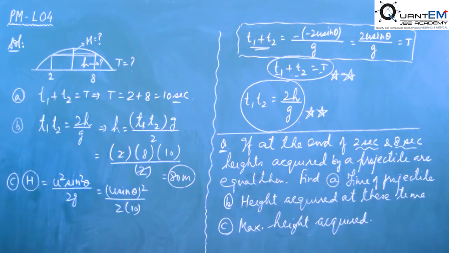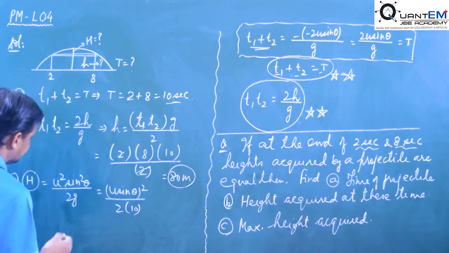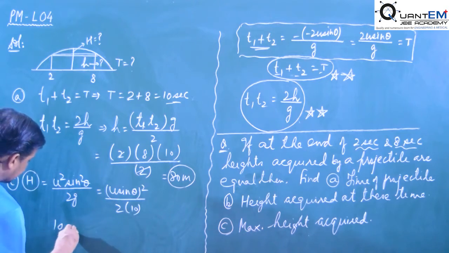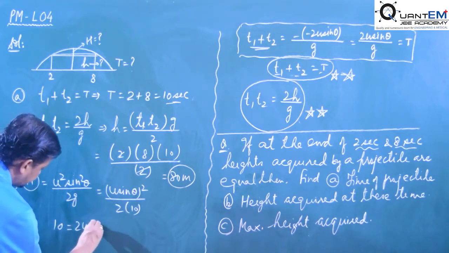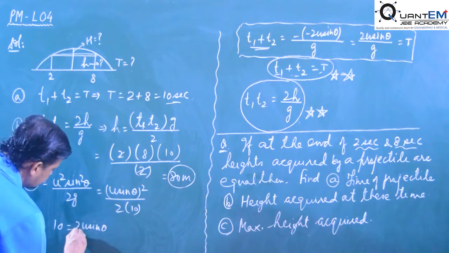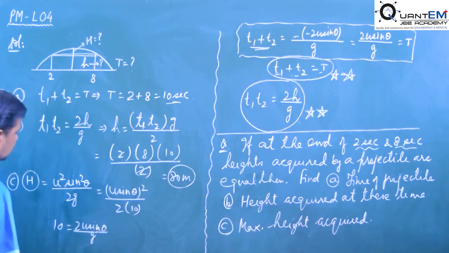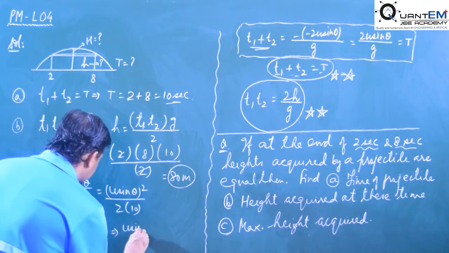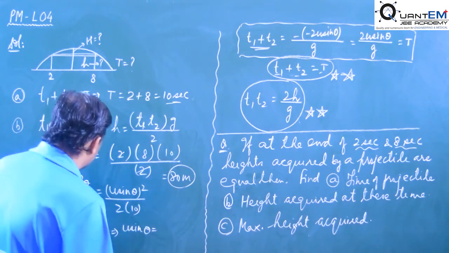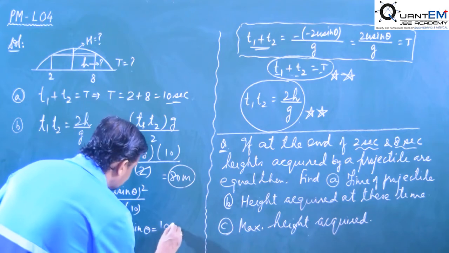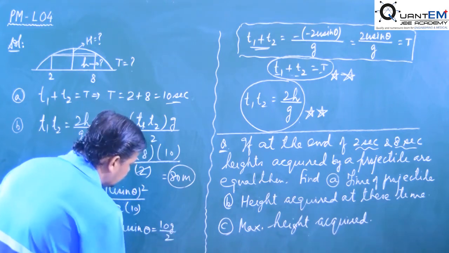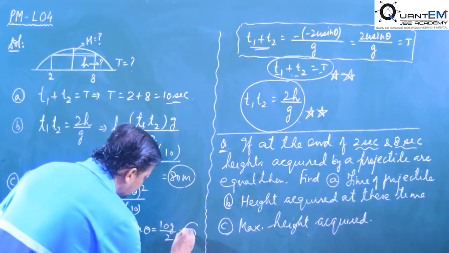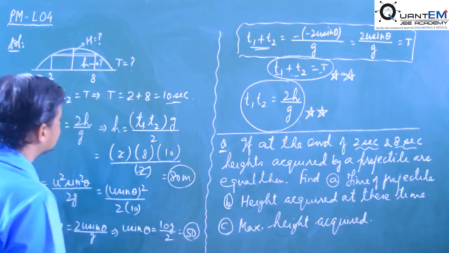Now we have 2u sin theta by g equal to 10 seconds, the total time period of the projectile. So you may get the value of u sin theta: that will be 10 into g by 2, that is 10 into 10 is 100, 100 by 2, that is 50.